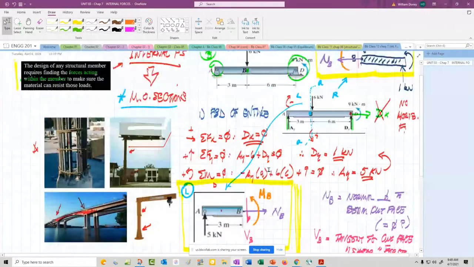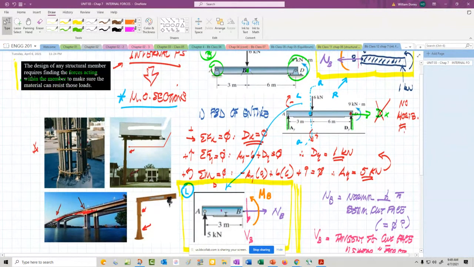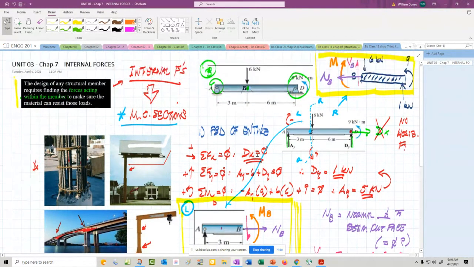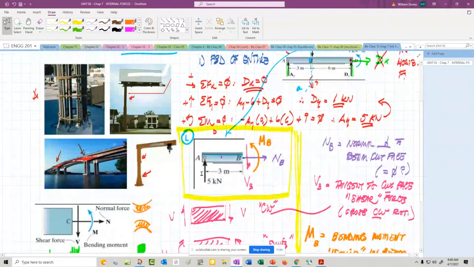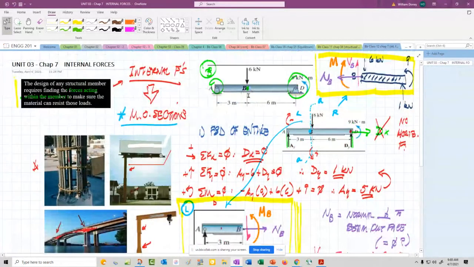Another reason to use the left section is if there's more loading on the right side, then I would pick the left side just because it'll be easier math-wise. The other point is, as I said, the distance starts at x equals 0 at A and goes to 3 at B, and from B to D it goes 3 to 6. We'd have to be careful with distances when we're doing moments, because the distance actually starts over at A.